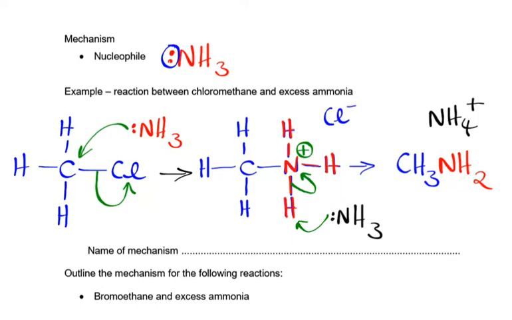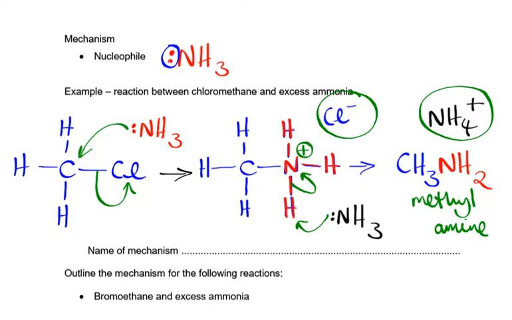It's an amine, and there's just 1 carbon in it, so this is methylamine. In addition to the chloride ion, we now have generated an ammonium ion. So quite often you'd put down those 2 together as ammonium chloride as the other product.